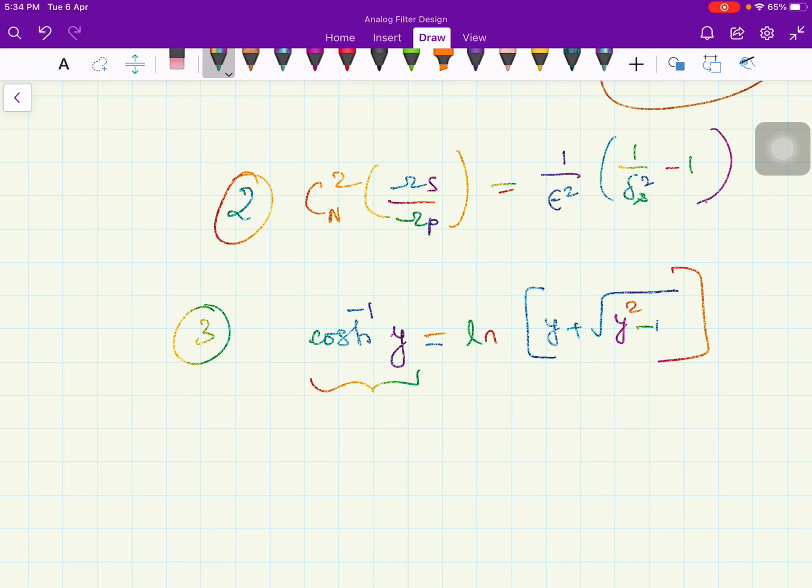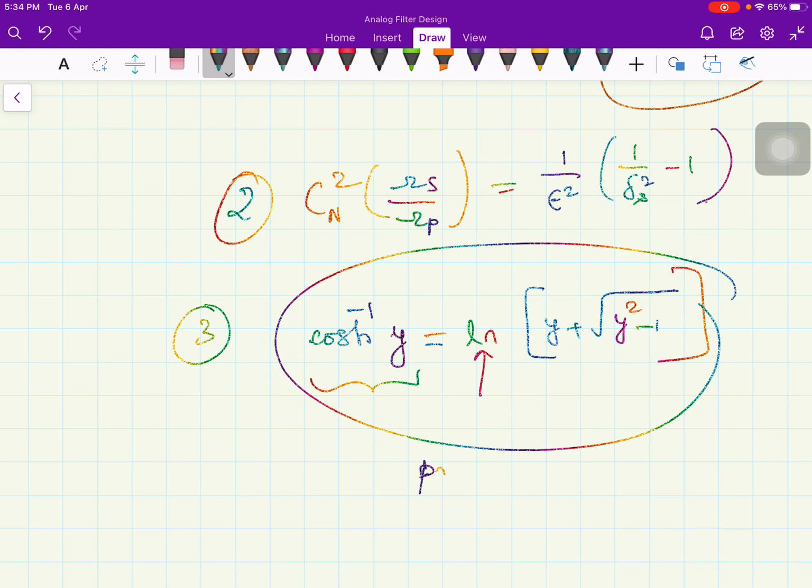So instead of cos inverse y, you can use log of y plus square root of y squared minus 1. In the calculator you know this ln expression. The proof is very simple actually. Whenever you don't have access to cos inverse, you can use this expression, which is readily available to calculate.